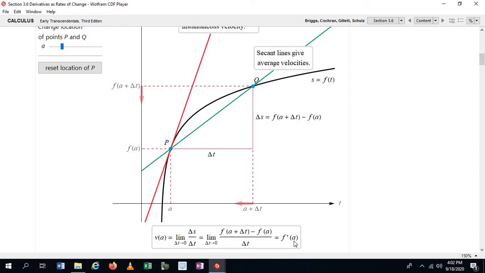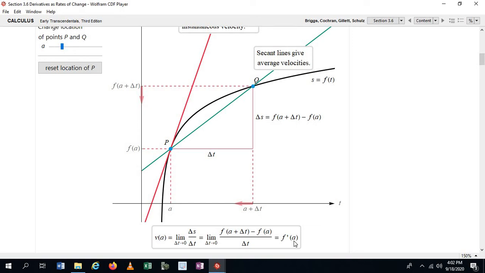And you remember an interpretation of that derivative evaluated at a is the instantaneous rate of change in the function at a. But this is a position function. So when someone gives us the instantaneous rate of change in the position function, they're actually giving us the instantaneous velocity of the object right at that point a.